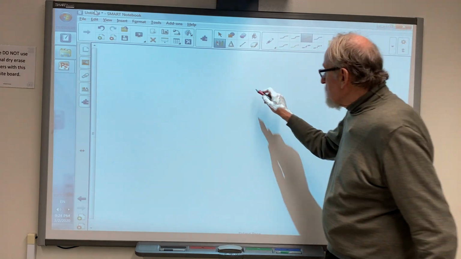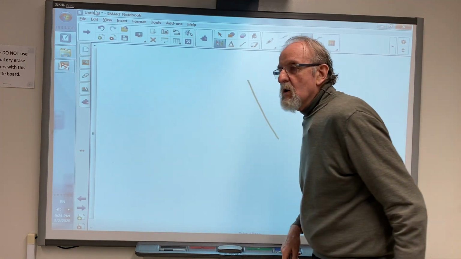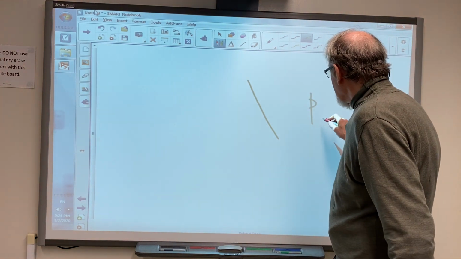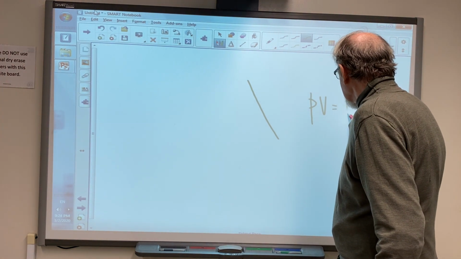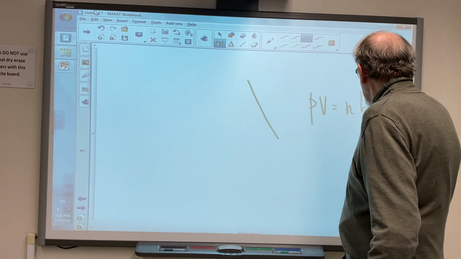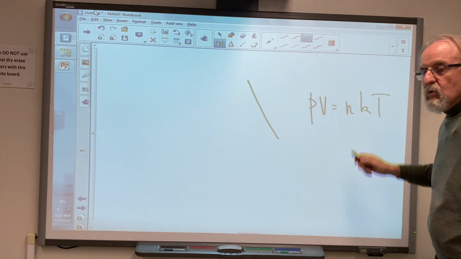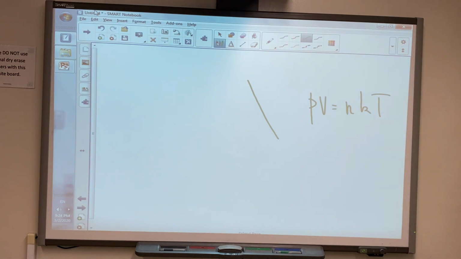In other words, you take a wall here, and we know that for a gas, the pressure times the volume is kT. This is a known fact that was known since the 1800s. And remember, thermodynamics does not derive this relationship.